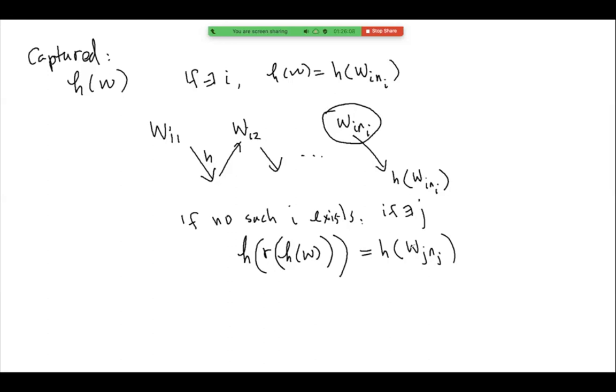Okay, so how long do you have to do this? The ideal situation is that you only need to do the maximum of Ni times.